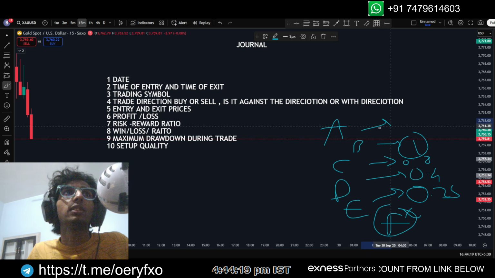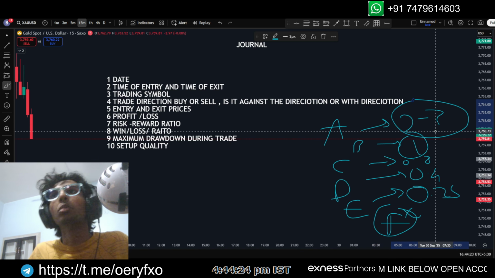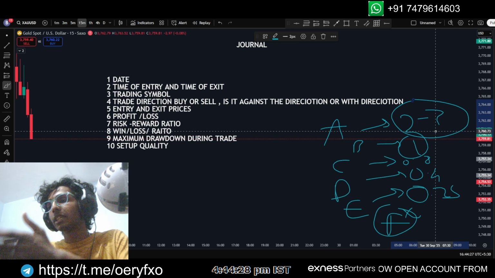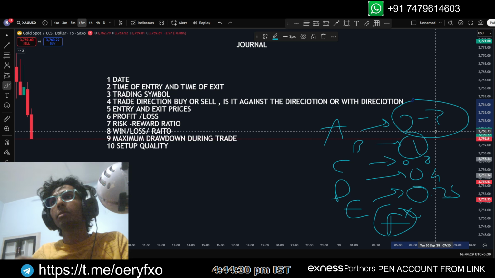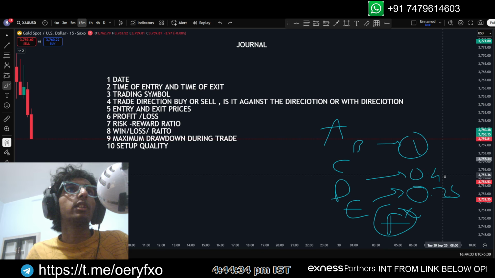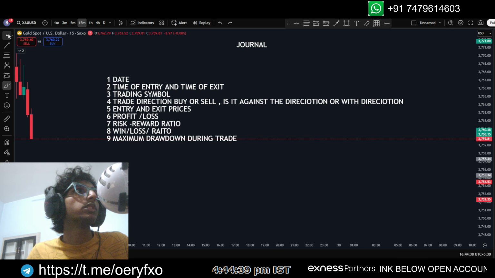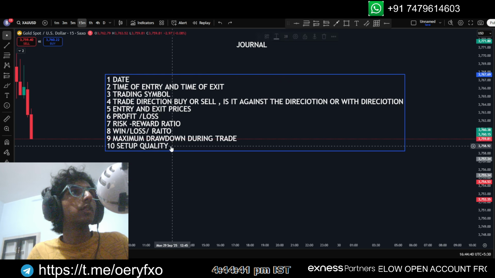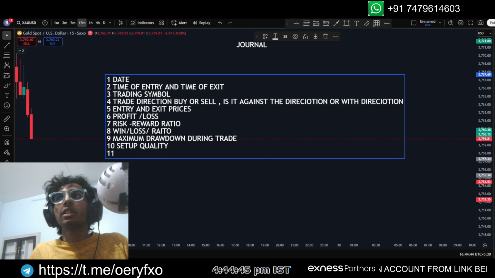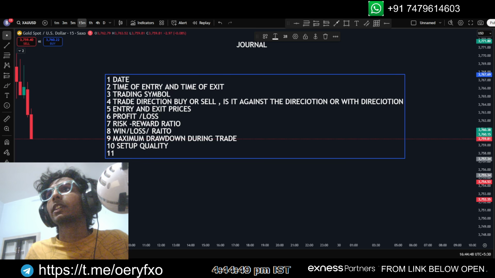And on A, because you know it's going to go like 2 or 3%, you can risk more because you know maximum number of times, because it's an A setup, it means the highest win rate. Okay, so that's what setup quality means.